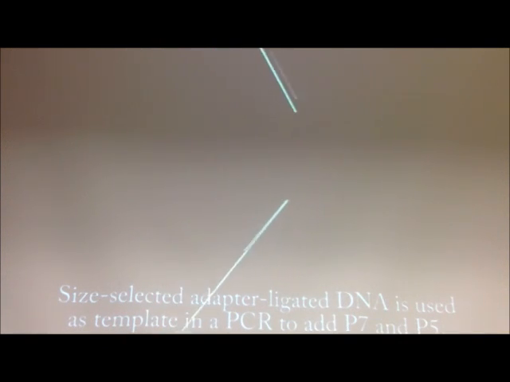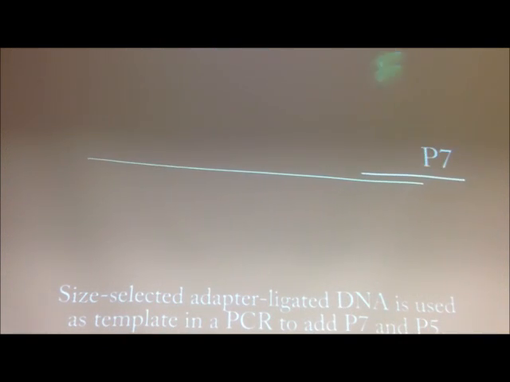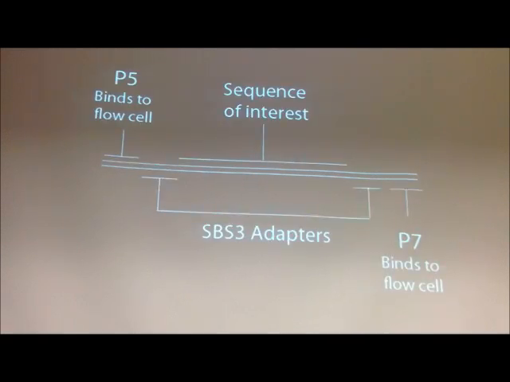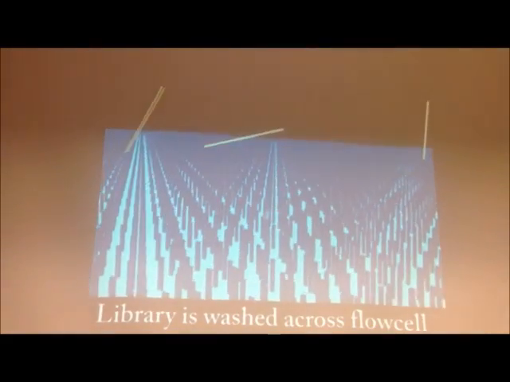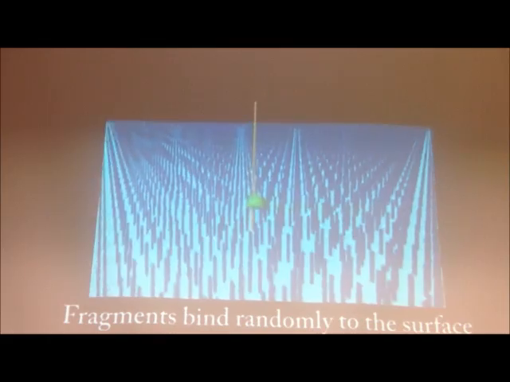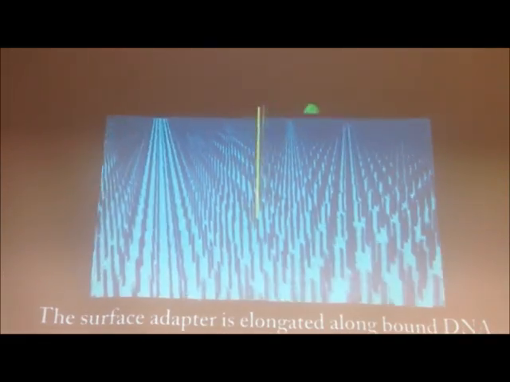It's better than the other one. So you do a PCR. That's the flow cell. So you take that library, and the fragments are just going to bind at random.